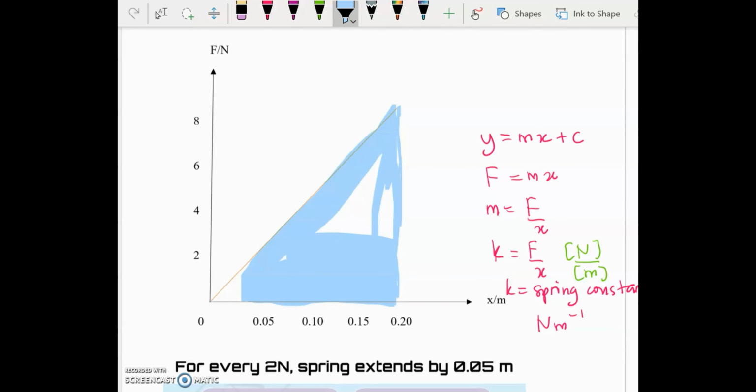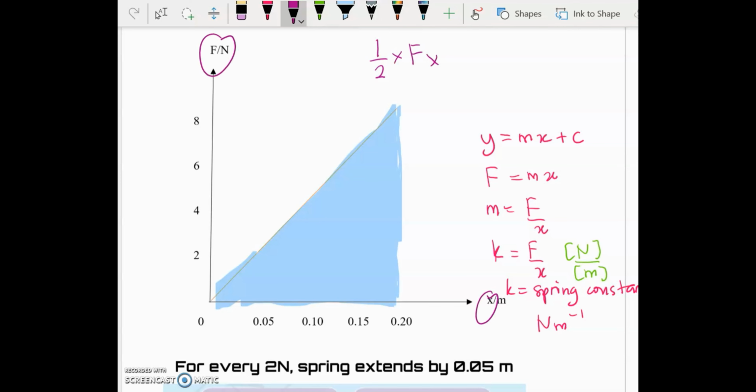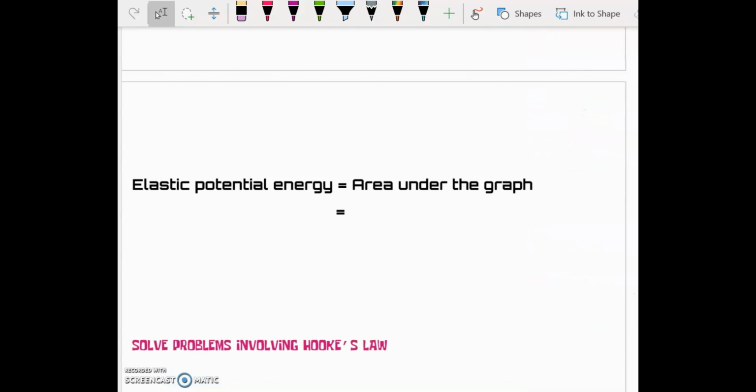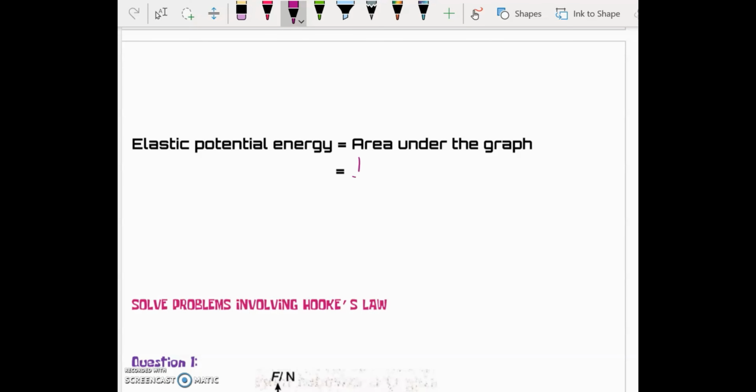So this area under the graph is the elastic potential energy, which we can find using a simple formula, because what we can see here is a triangle. So the formula of the triangle here is 1/2 times F times x. So that is your area under the graph. Okay, let's transfer to the formula. Elastic potential energy is half times F times x.